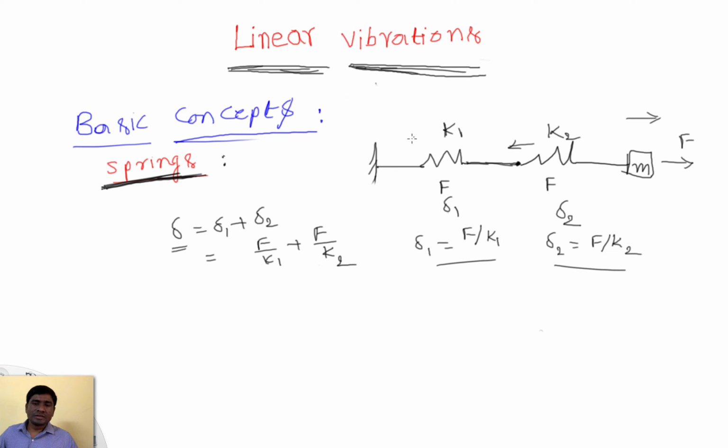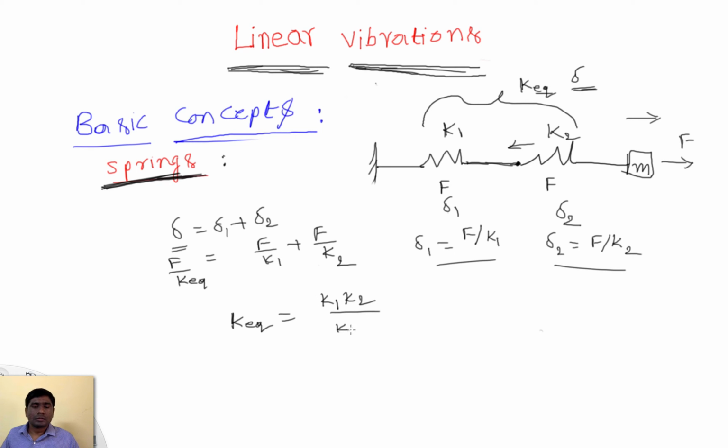And if I replace this entire system with a single spring having stiffness constant k equivalent, which causes the same delta displacement for the same force, then that can be written as F by k equivalent, and F is equal in all terms, so it will get cancelled, and we get k equivalent equal to k1 k2 by k1 plus k2. So whenever springs are connected in series, we use this formula.